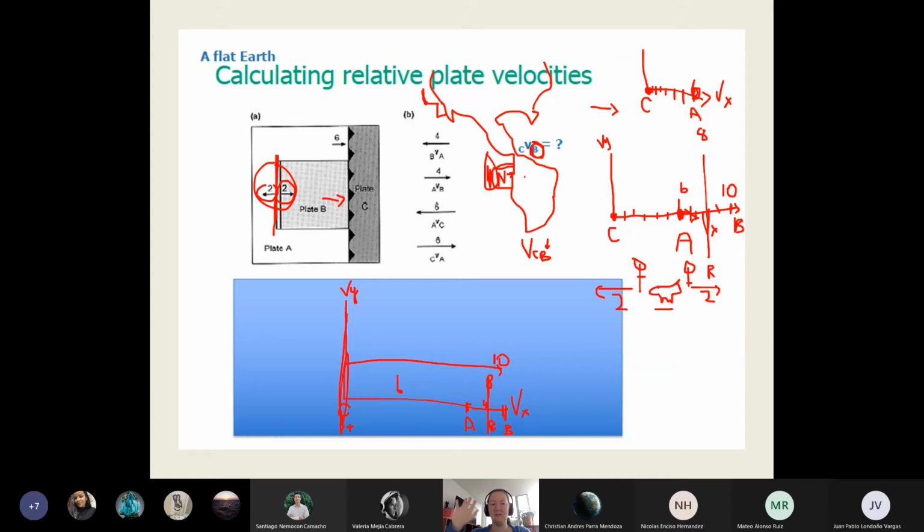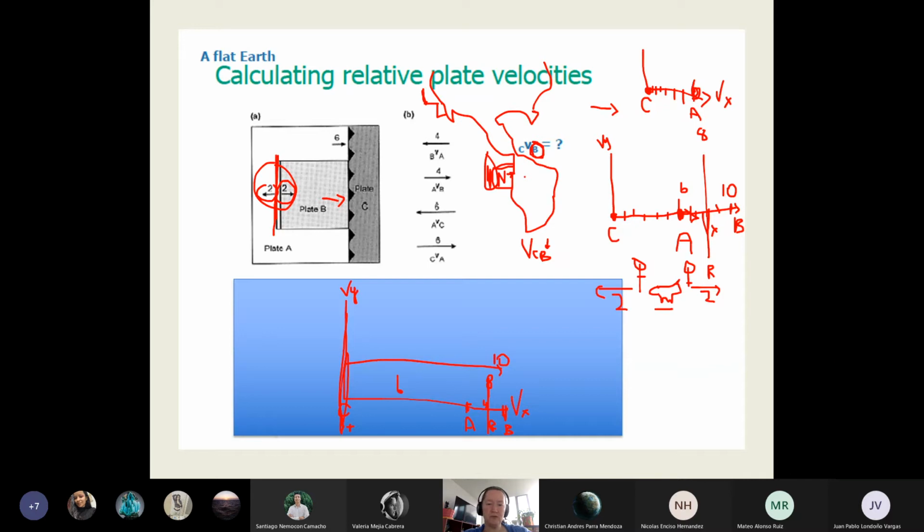O sea, en este diagrama la placa C queda a la derecha de todas las otras placas, pero si la fijo, automáticamente la mando al origen y solo quiero ver la dirección de movimiento de cada placa, entonces la ubico en el espacio de velocidad y puede parecerse diferente. Entonces hay que tener mucho cuidado con qué quiere decir ese espacio de velocidad. Y a la derecha significa que se mueve hacia la derecha, no que esté ubicada a la derecha. Es la última cosa que puede confundir.